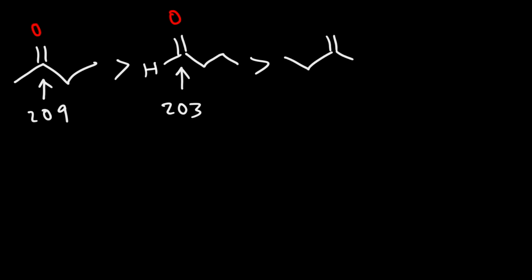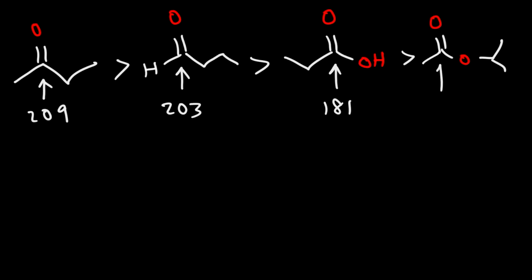In this example, we have propanoic acid, and the chemical shift of the carbon is 181. And for this example, it's going to be an ester. So this is isopropyl ethanoate, and it has a chemical shift of 170.